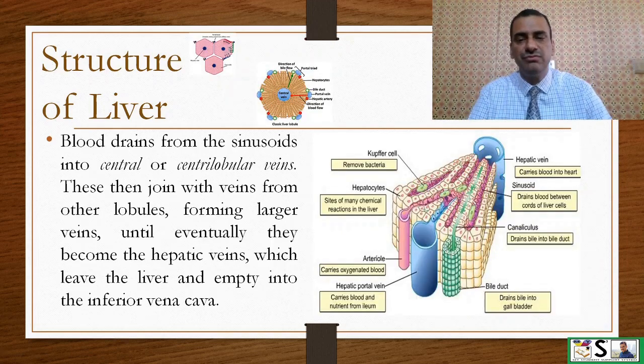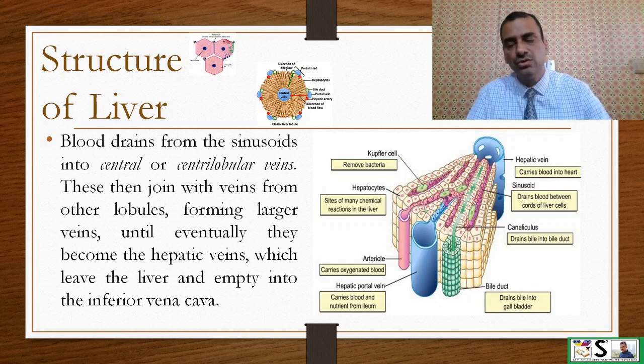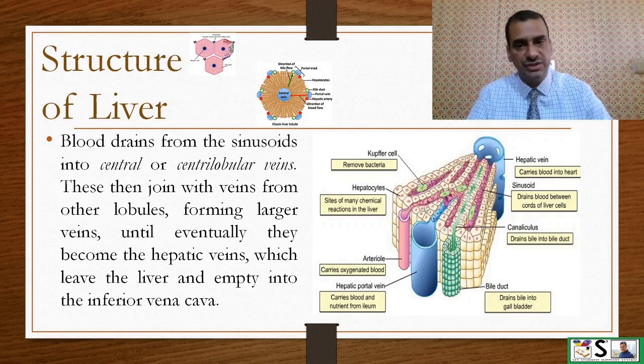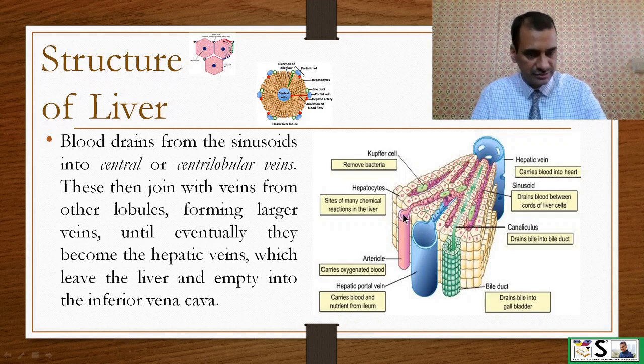The blood drains from the sinusoids into central and centrolobular veins. These then join with the veins of other lobules, forming larger veins until eventually they become the hepatic vein, which leaves the liver and empties into the inferior vena cava. So here you can see this is the portal vein, this is the hepatic artery.